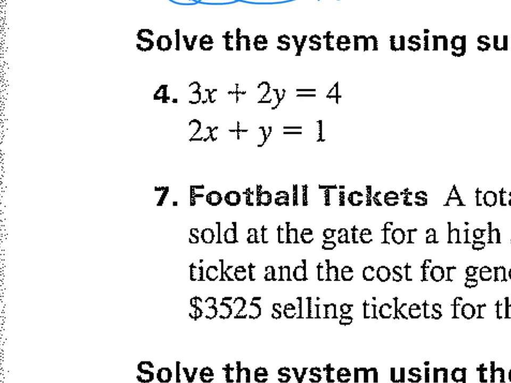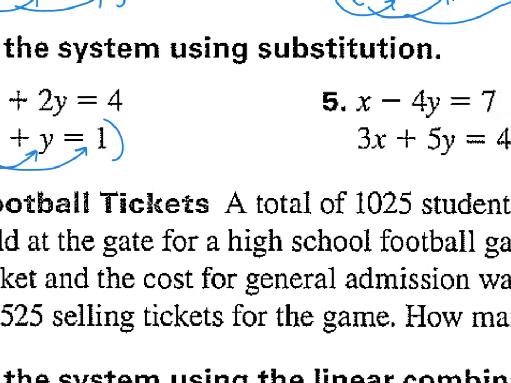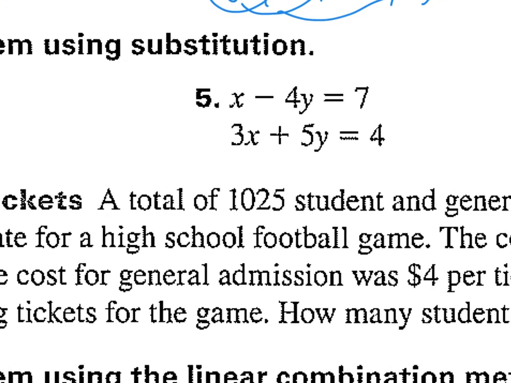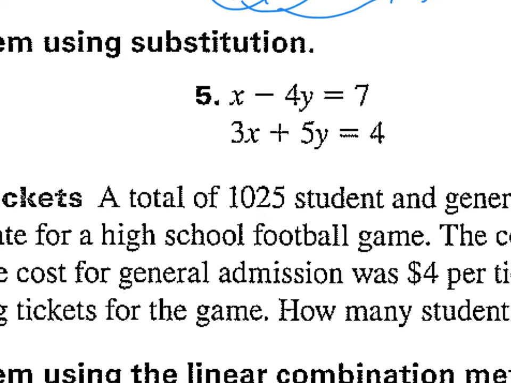Let's look at the next few. On number 4, I would multiply this bottom equation by a negative 2 and then distribute it to all terms involved. On number 5, I would multiply this whole top equation by negative 3 and make sure again we distribute to all the terms.